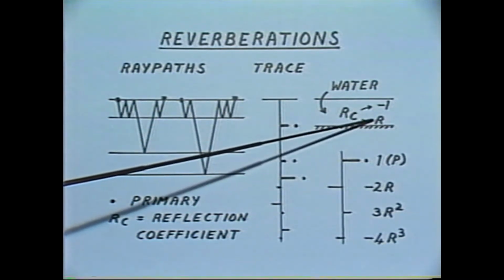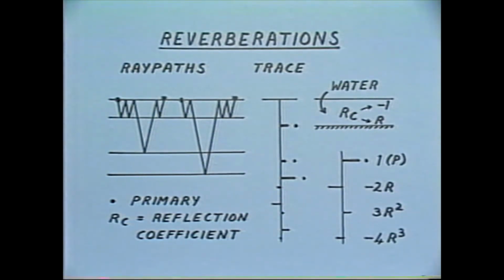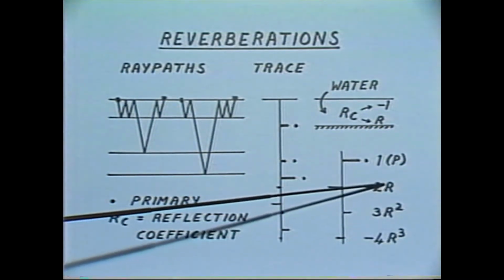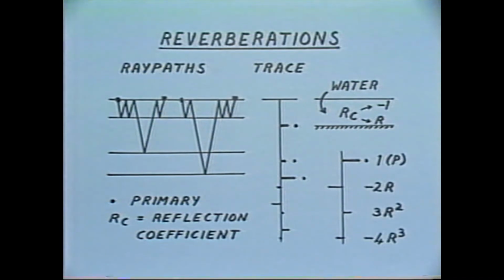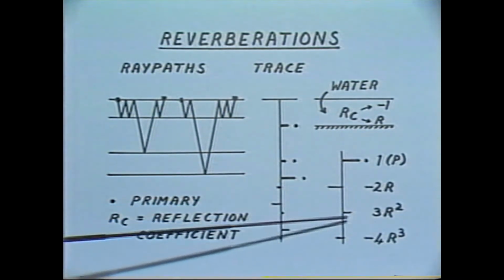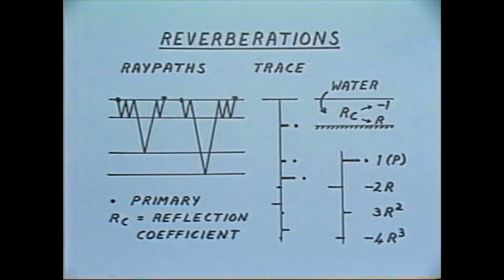That would be where the reflection coefficient at the water bottom was positive. The amplitude of them is given here, and it's determined by the reflection coefficient R at the water bottom. So we have a sequence of reverberation events then of alternating polarity and gradually decreasing amplitude.